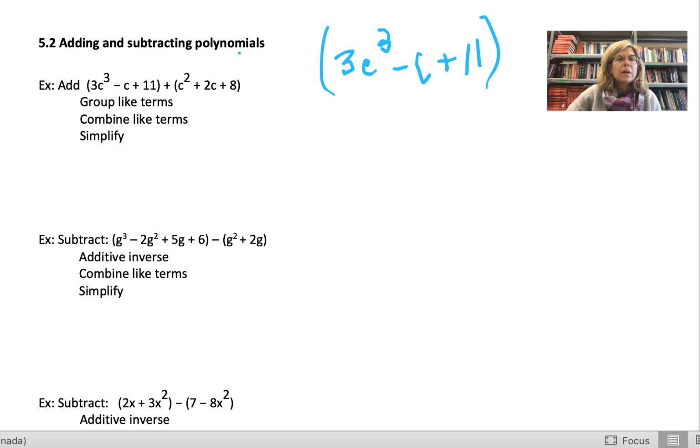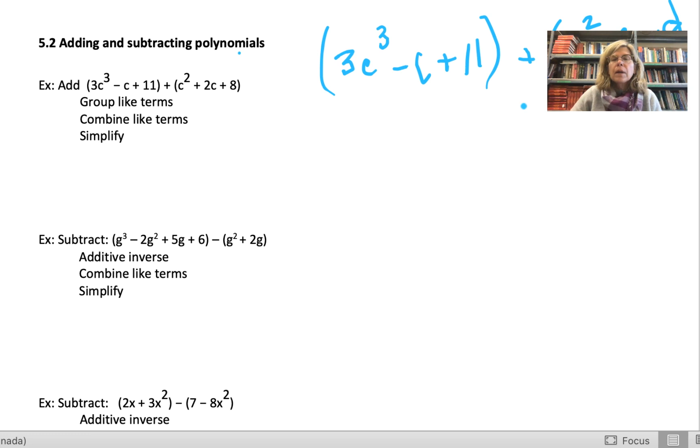3c cubed, okay, and then plus c squared plus 2c plus 8.